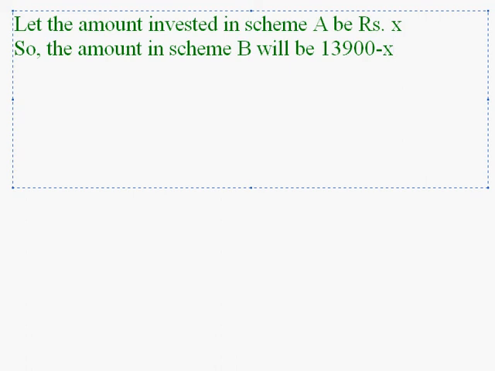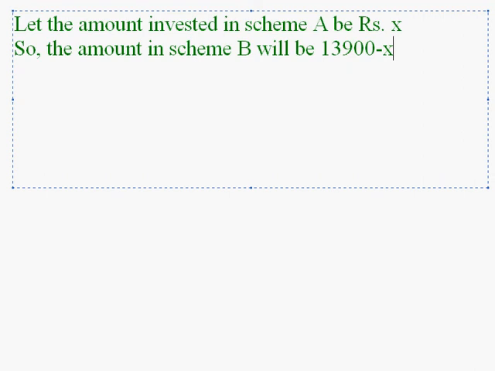So if you are giving 30 rupees to friend 1, you have to give 70 rupees to the other friend, right? In the same way, if you are giving X amount out of 13,900 to scheme A, then you have to invest 13,900 minus X to the other scheme, because you have 13,900 with you in total.